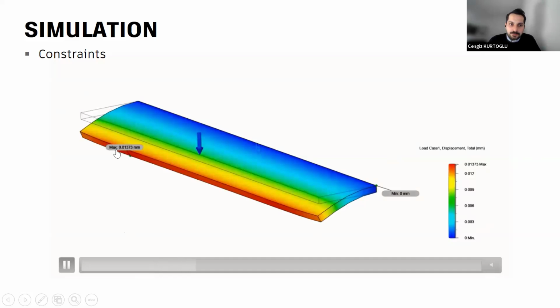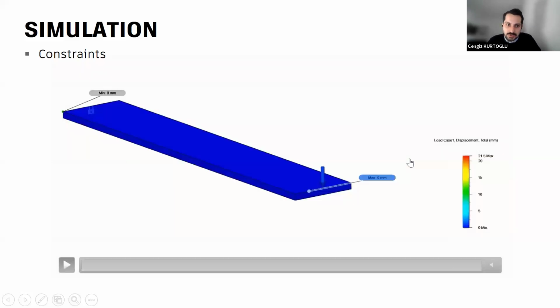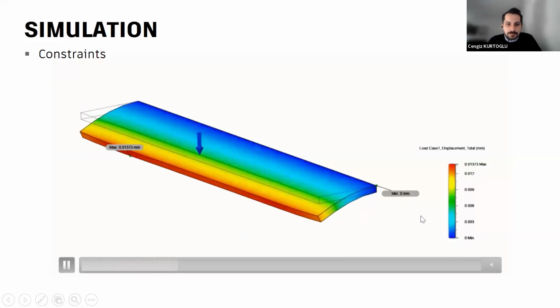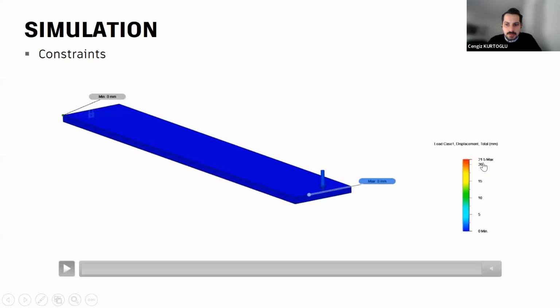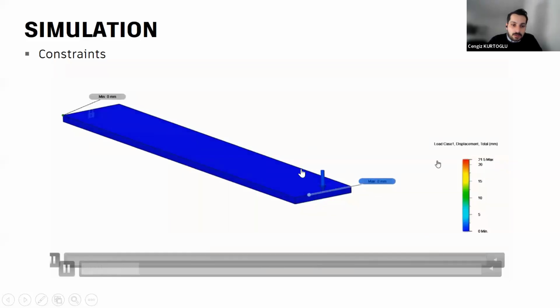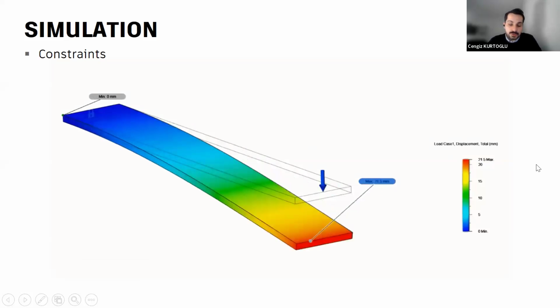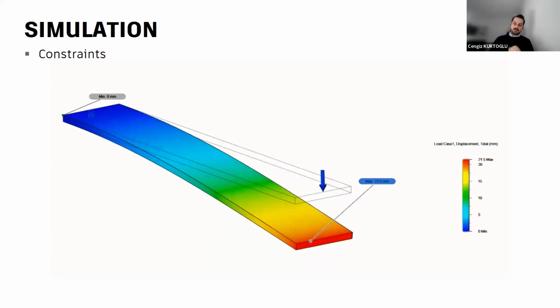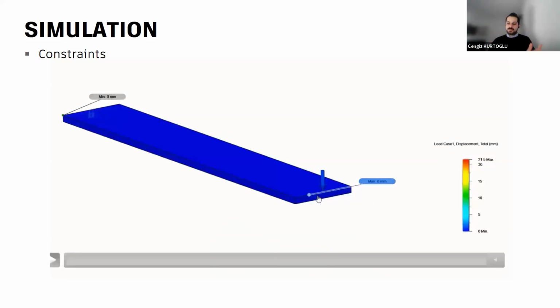But here the maximum displacement is 0.01 millimeter, and here it's 21 millimeters. As you can see, if we change the face of the constraint and the point of the load, the results will change.